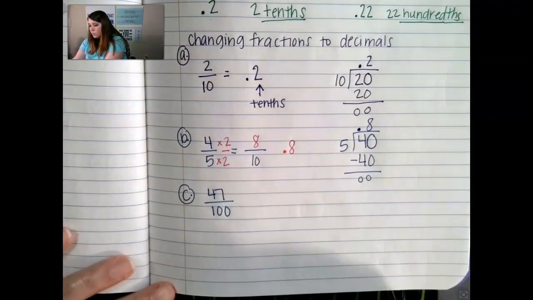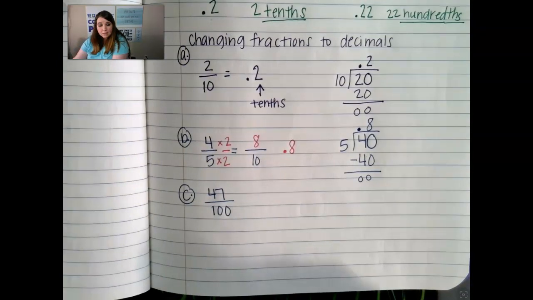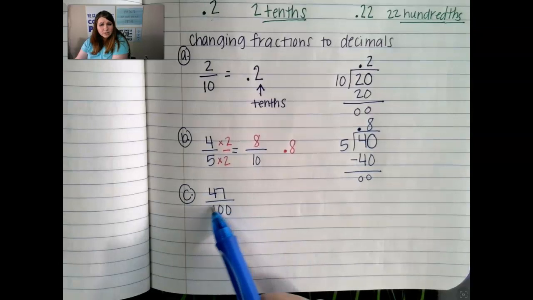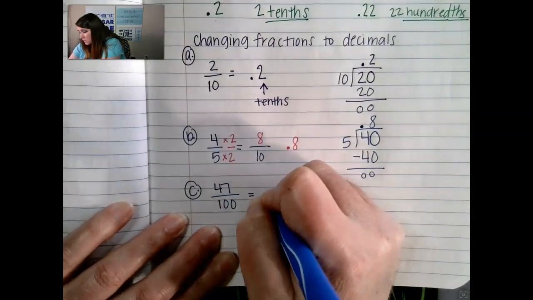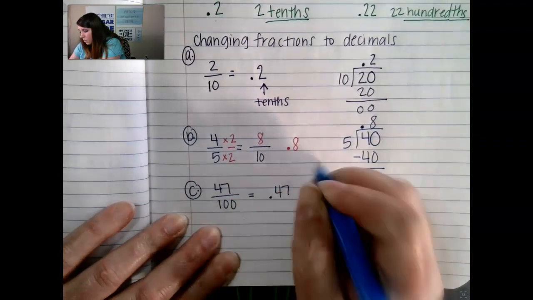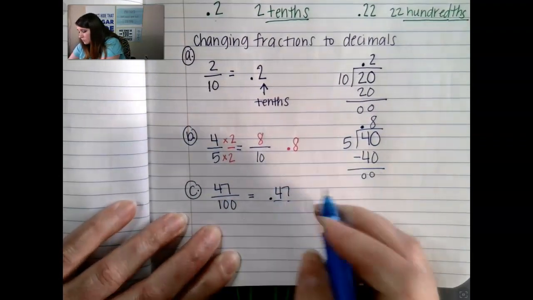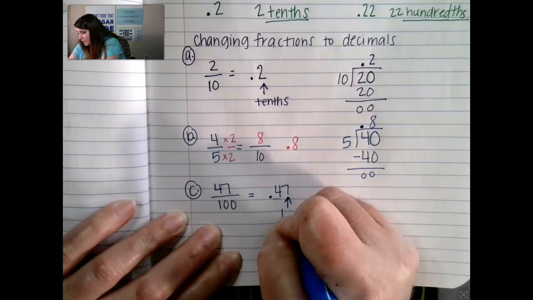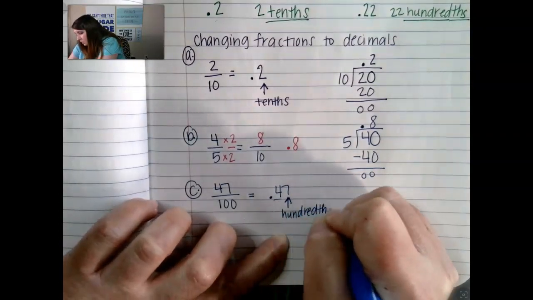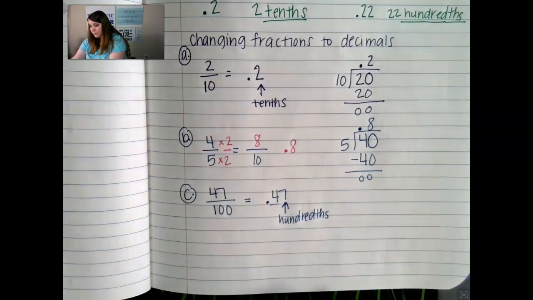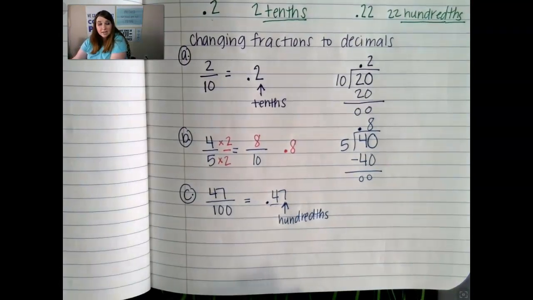Well, how in the world would I make that into a decimal? Well, it's already in a hundredths place, so I could just say it equals 0.47 or 47 hundredths because this right here is the hundredths place.